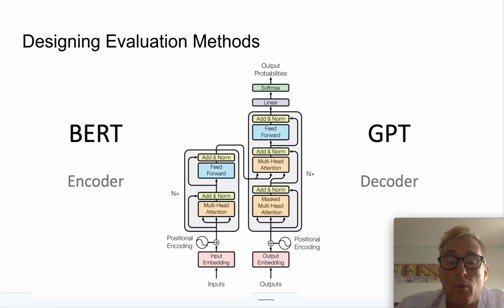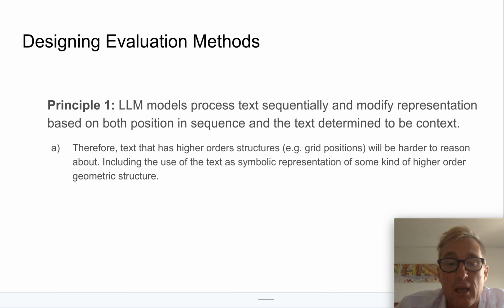Right, so we want to be thinking about that kind of limitation of the model when we're thinking about how we design tests.